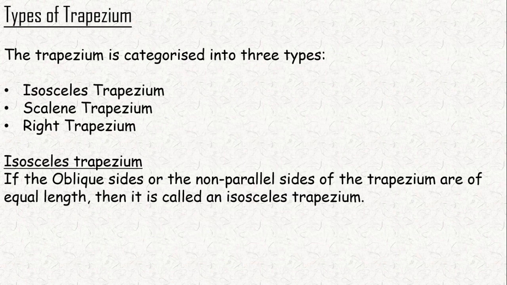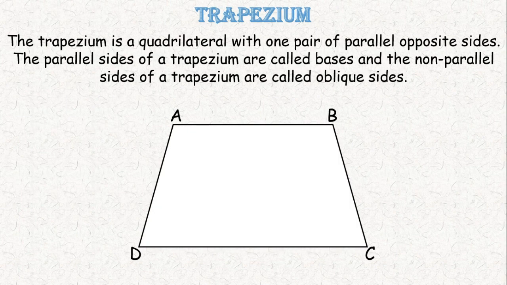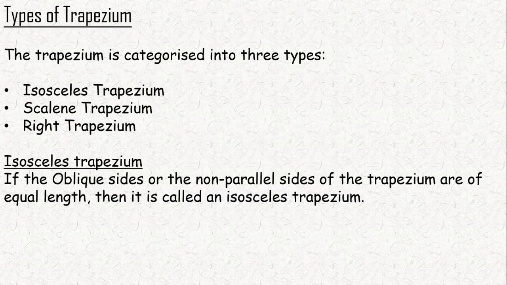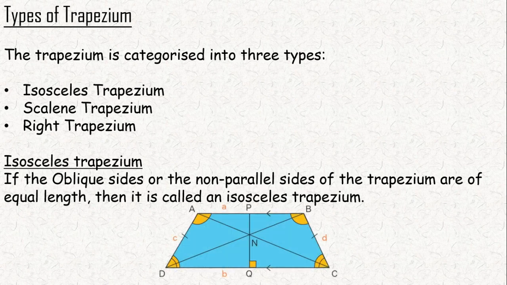Now let's learn the types of trapezium. Trapezium is categorized into three types: isosceles trapezium, scalene trapezium and right trapezium. Now let's discuss isosceles trapezium. If the oblique sides, the non-parallel sides, here AD and BC, are equal, then it's called an isosceles trapezium.